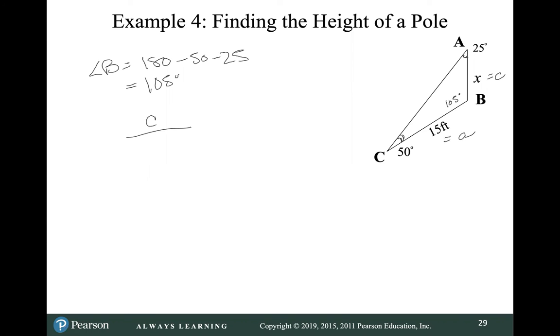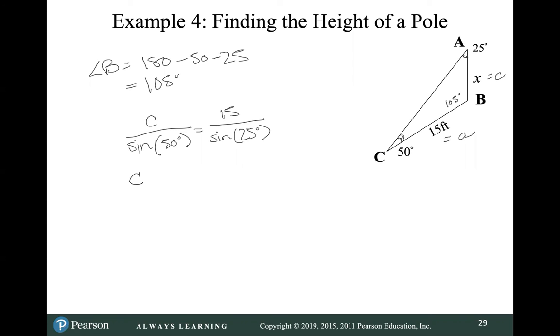Then I'm going to use angle C, sine of 50 degrees, and I have side A and angle A, so that's 15 feet and sine of 25 degrees. Turns out we didn't need angle B. Never hurts to find it if you want as much information as you have.